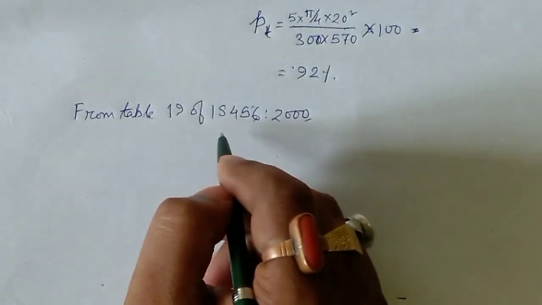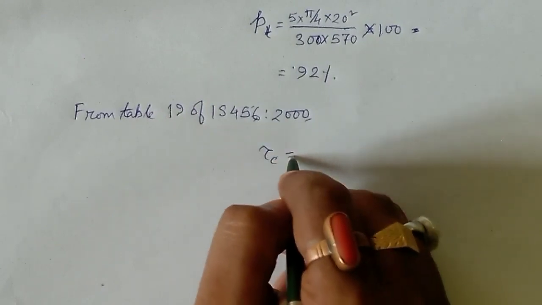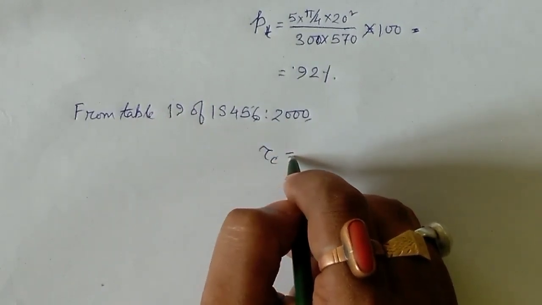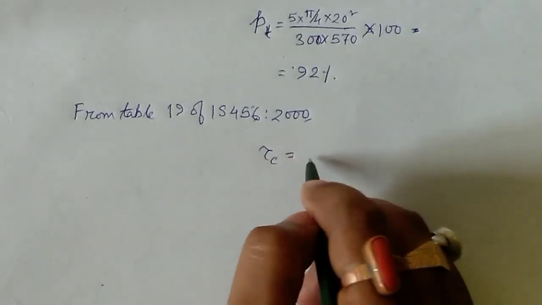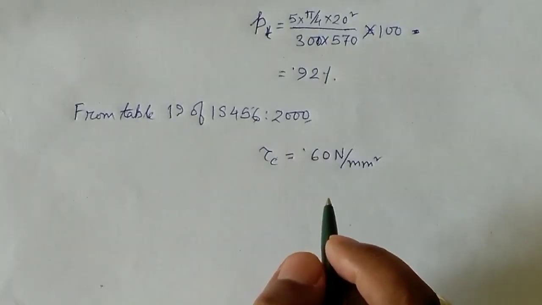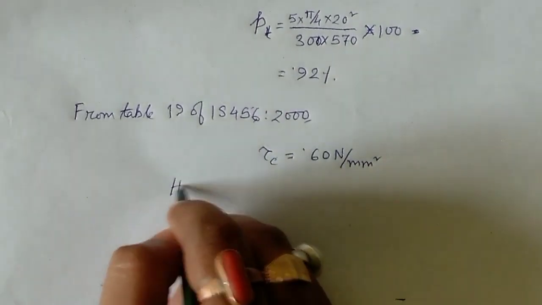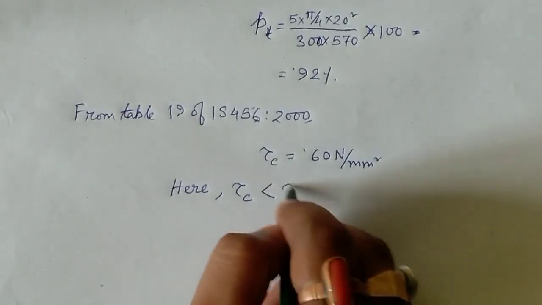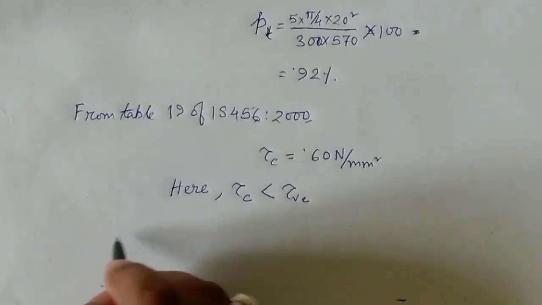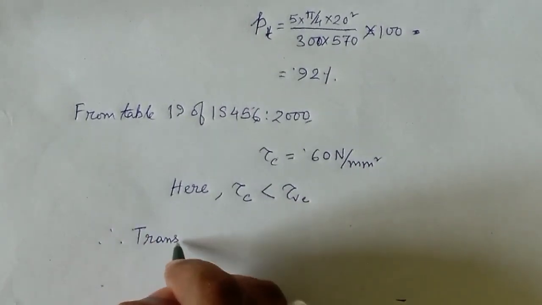From Table 19 of IS 456, we will get the value of tau c for M20 grade of concrete and pt equal to 0.92%. Here tau c is less than tau ve. Therefore, transverse reinforcements are to be provided.